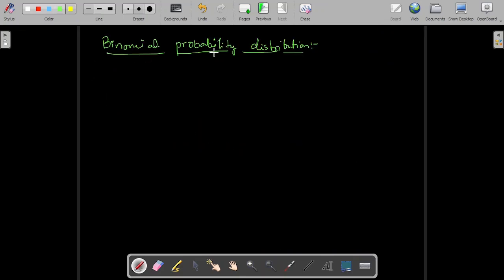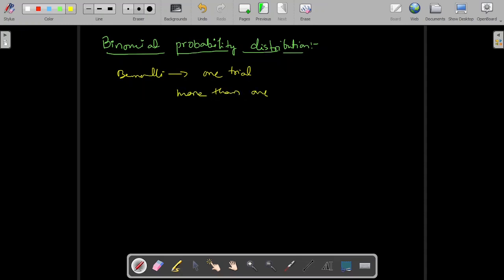Now let us see what the binomial probability distribution is. Binomial probability distribution is almost the same as the Bernoulli probability distribution, but here the number of trials is more than one. In the Bernoulli probability distribution, you were taking only one trial. Here there is more than one trial.